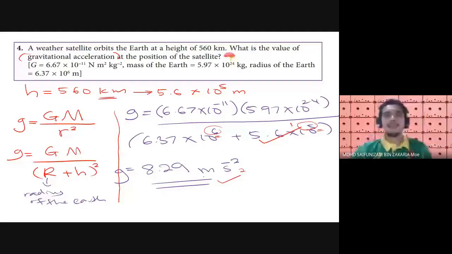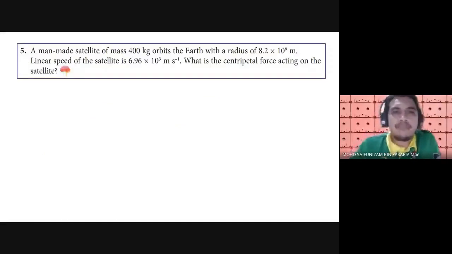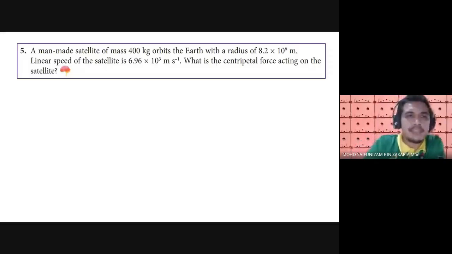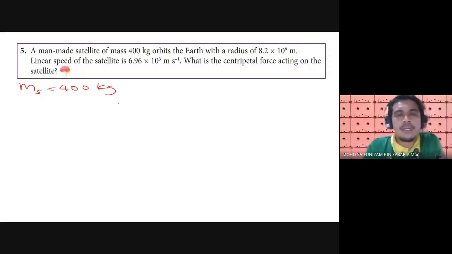Okay. Question number 5. Oh, it's very fast. A man-made satellite of mass, we get the mass of the satellite equal to 400 kilogram. For kilogram, we do not need to convert to gram because kilogram is the SI unit for mass.